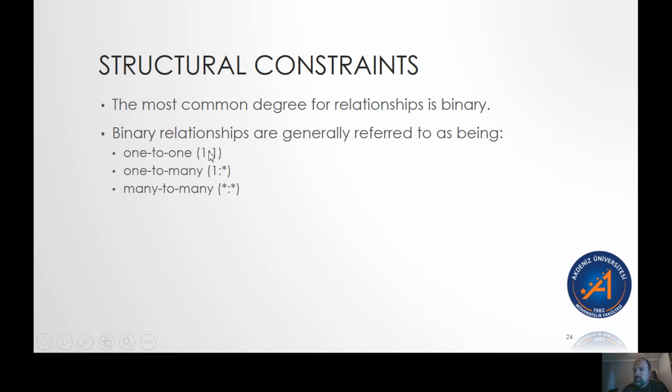When you see the colon style like this, it's the idea of one entity to one entity, so it's the entity to entity type relationship: one to one, one to many, many to many.